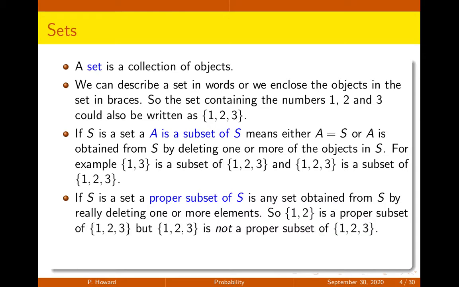So, for example, the set containing the objects 1 and 2 is a proper subset of the set containing the objects 1, 2, 3, because you get this first set 1, 2 from this second set by deleting 3. But 1, 2, 3 is not a proper subset of 1, 2, 3. A set is not a proper subset of itself.